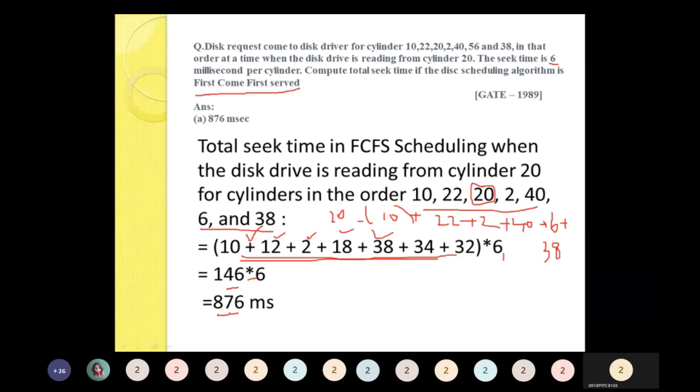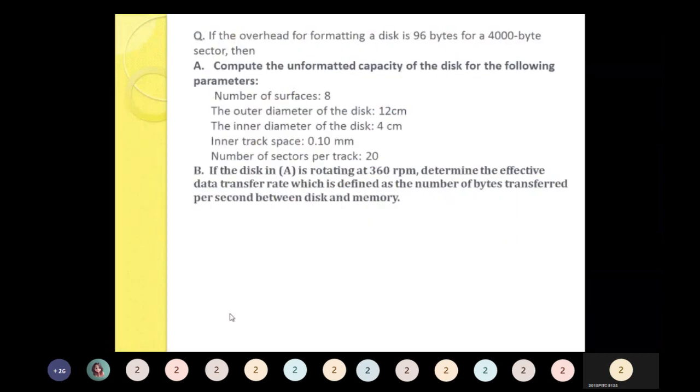They just write the difference and write out the answer. But here you must calculate the seek time of every cylinder. Then I get the answer here. This is also a very simple question. So next, the questions we have.